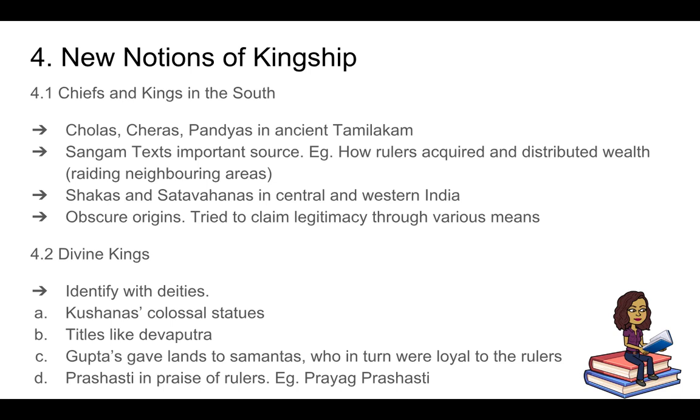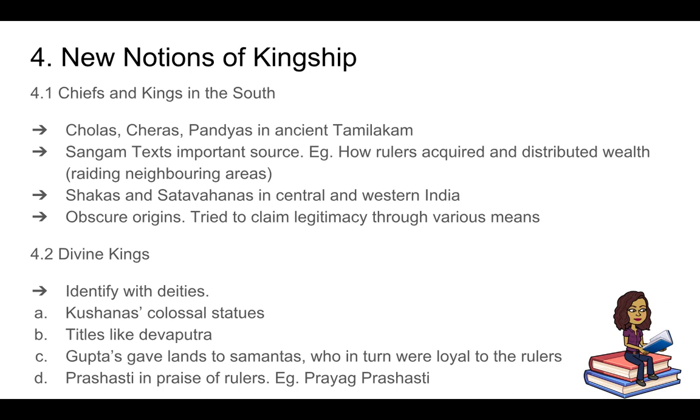If we go to southern India, we see that we have a lot of chiefdoms and kingdoms in the southern part of the country, especially the Cholas, Cheras, and Pandyas in what is known as the ancient Tamilakam region. Now, Tamilakam included parts of southern Karnataka, even southern Maharashtra, Andhra Pradesh, Kerala, and Tamil Nadu.